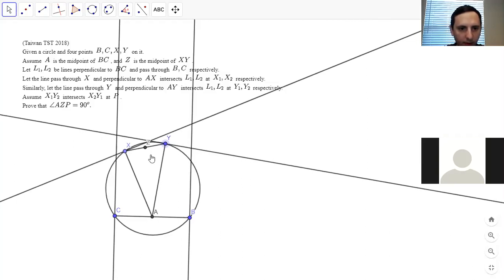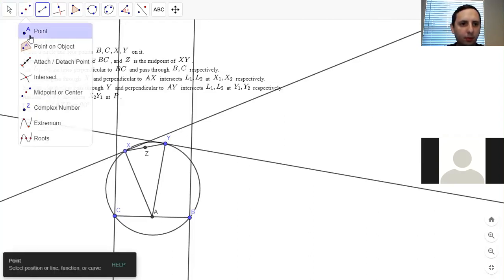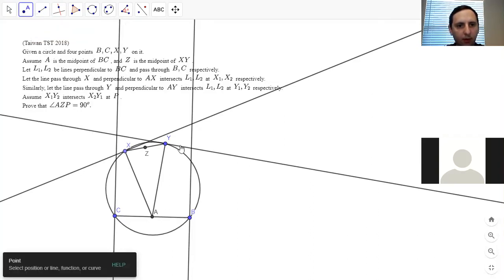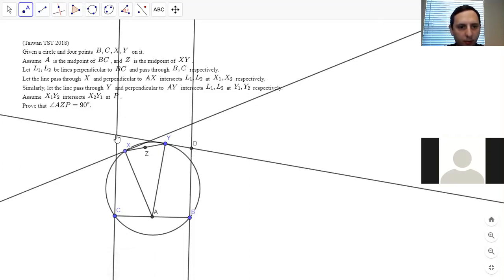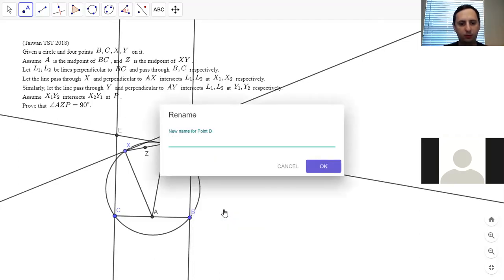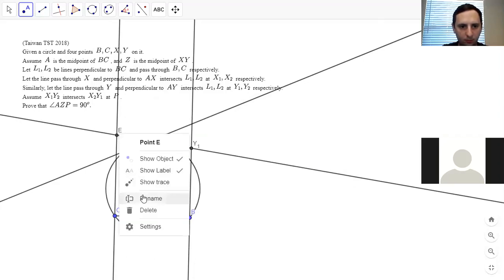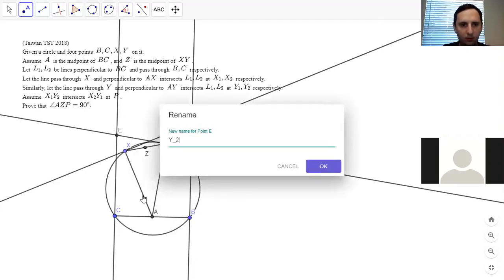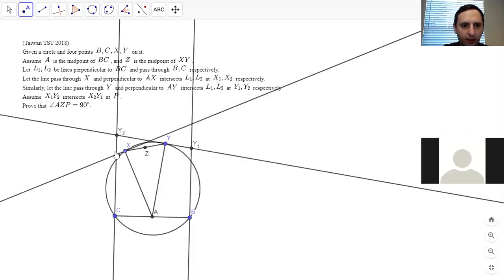Something like that. So where does Z get used? I'm really confused. I don't see Z. Oh, it's in the final thing to prove. Okay. So we have this point and this point. It intersects L1. So this is Y1 and Y2. Then we have X1 and X2.